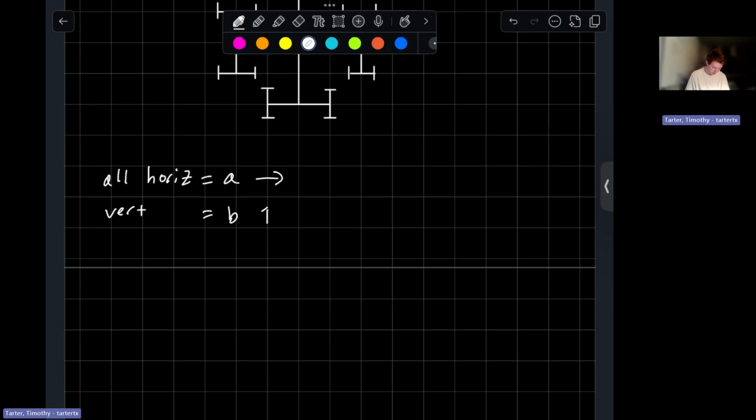Vertical is B with orientation up. This is called the universal cover of X. Because it is a covering space of every other connected covering space of X.